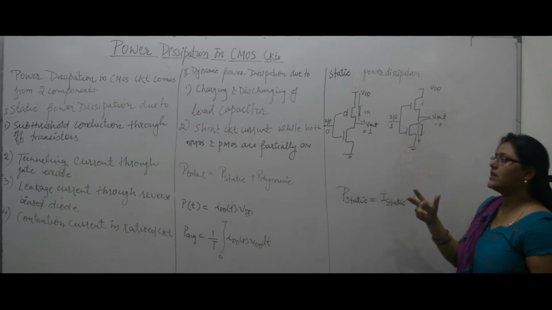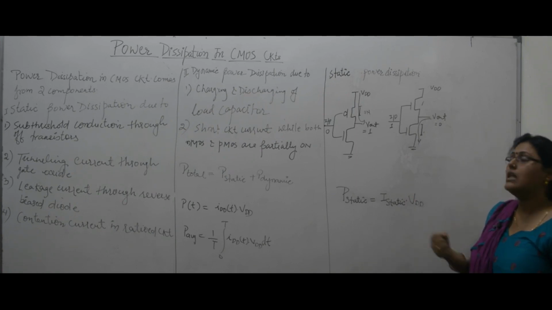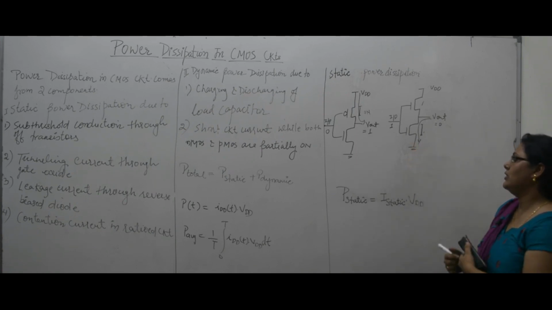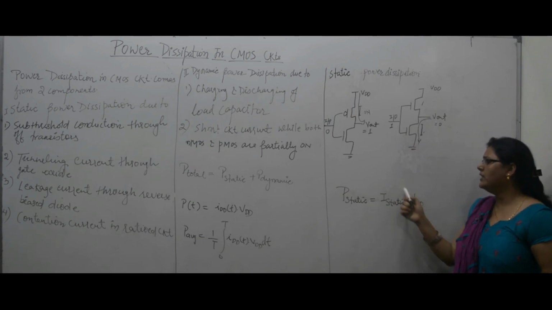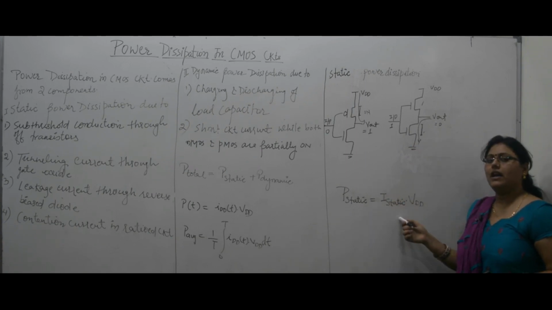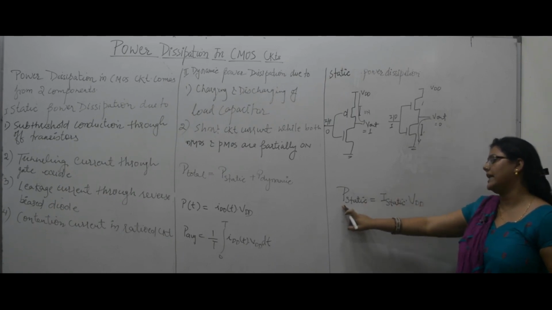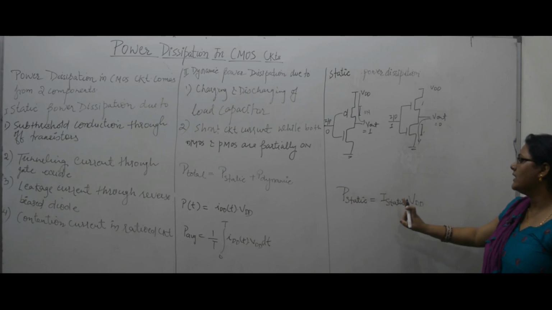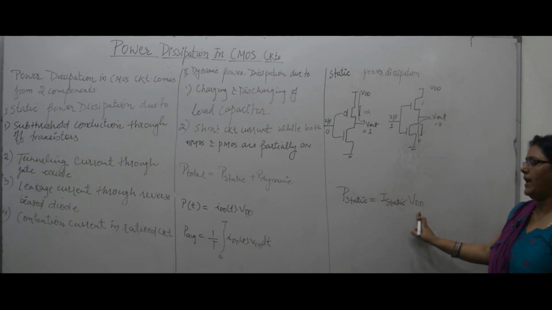Because of these secondary effects, a little amount of current flows through the off transistors, so the static power can be given as the total static or leakage current multiplied by the supply voltage.